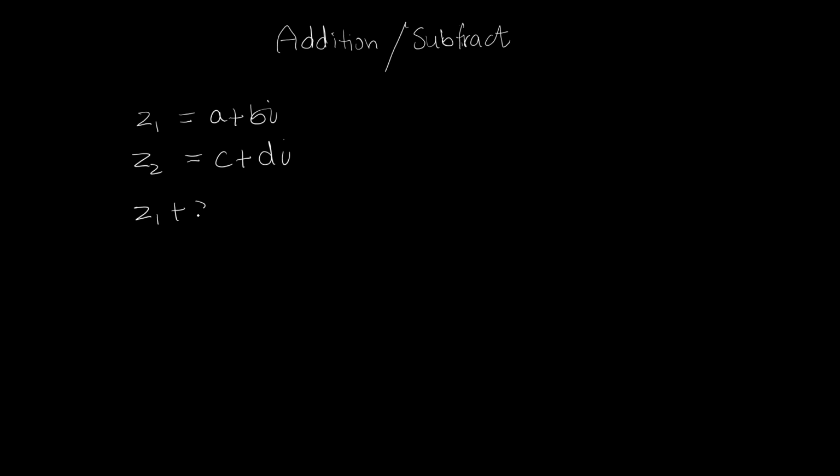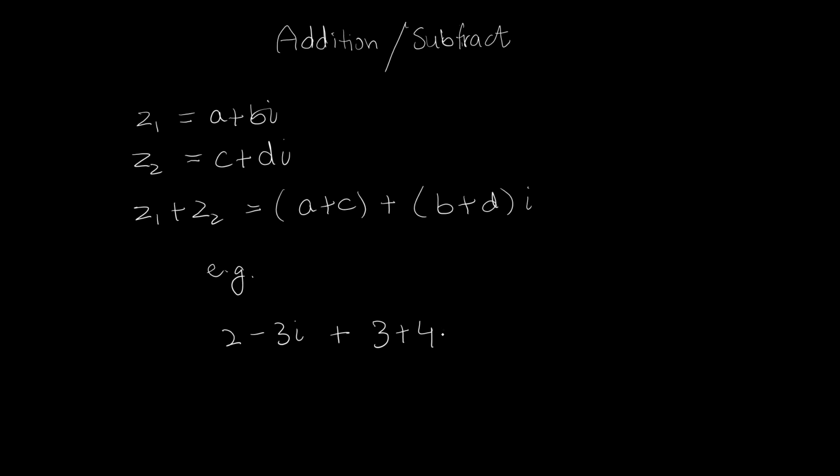By adding them, you are adding the real parts as well as the imaginary parts, and that's it. So real parts 2 plus 3, and the imaginary parts 4 minus 3, which is 1.